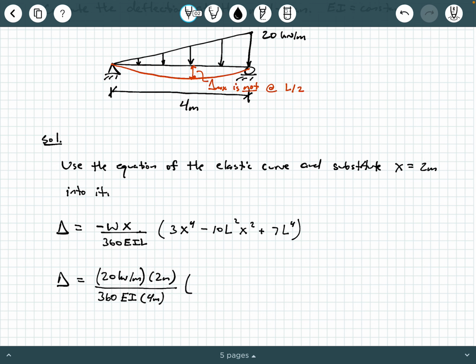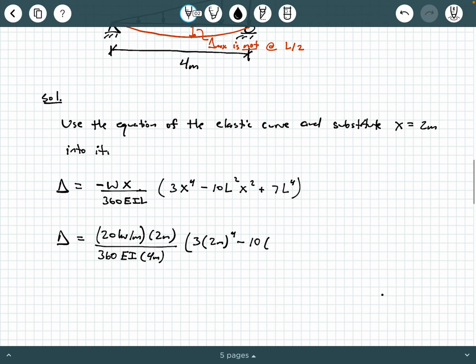And then I'm going to multiply that by 3 times 2 meters to the fourth minus 10 times 4 meters squared times 2 meters squared plus 7 times 4 meters to the fourth. Okay, so I've substituted in all my known values, a lot of 2's and 4's, all right?